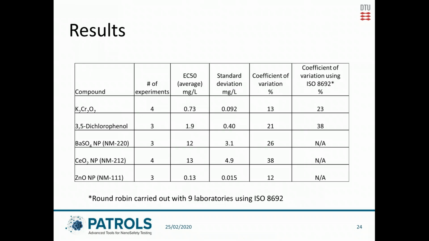From what we can see here is that the coefficient of variation is approximately, or at least below the coefficient of variation that was carried out by a round-robin study by 9 laboratories using the ISO standard for algae toxicity test. But generally, we can also see that even for the nanomaterials, we have a decent coefficient of variation that somewhat complies with the ISO standard.